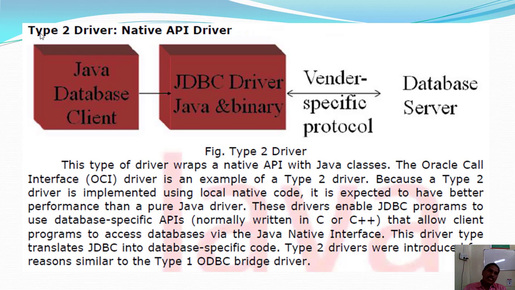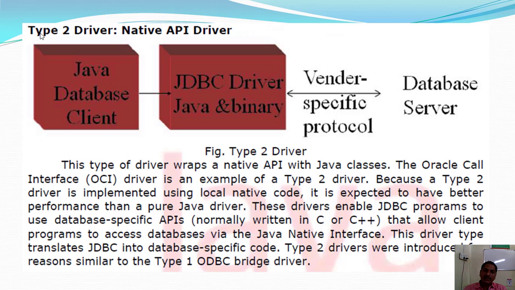This type of driver wraps a native API with Java classes. The Oracle Call Interface OCI driver is an example of a Type 2 driver. A Type 2 driver is implemented using local native code, so it is expected to have better performance than a pure Java driver.